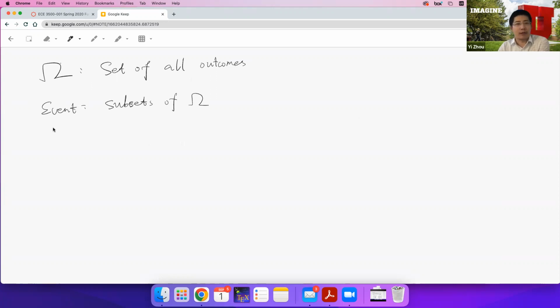And on top of that, we collect some events to form a sigma algebra or sigma field. That field is denoted as capital F. So this is the collection, the sigma algebra of events.